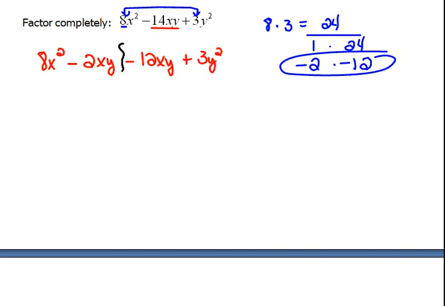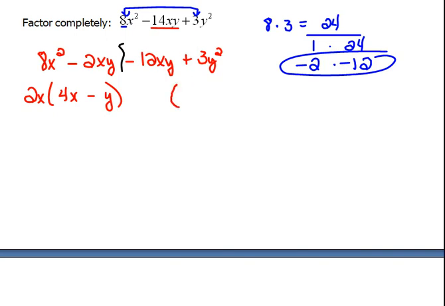Now let's do our factor by grouping. Out of the first two terms, we have a 2 and an x in common. When we pull that out, we'll have 4x minus y as our reverse distribution. Now, look at your signs here.